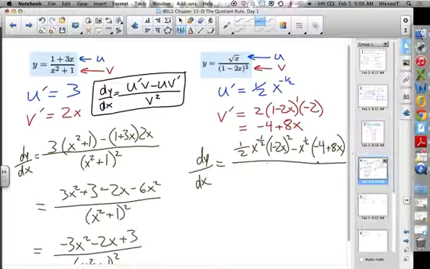And that whole thing is over v squared. So we've got a 1 minus 2x squared that is then squared again. Okay? How many of you guys got that far?